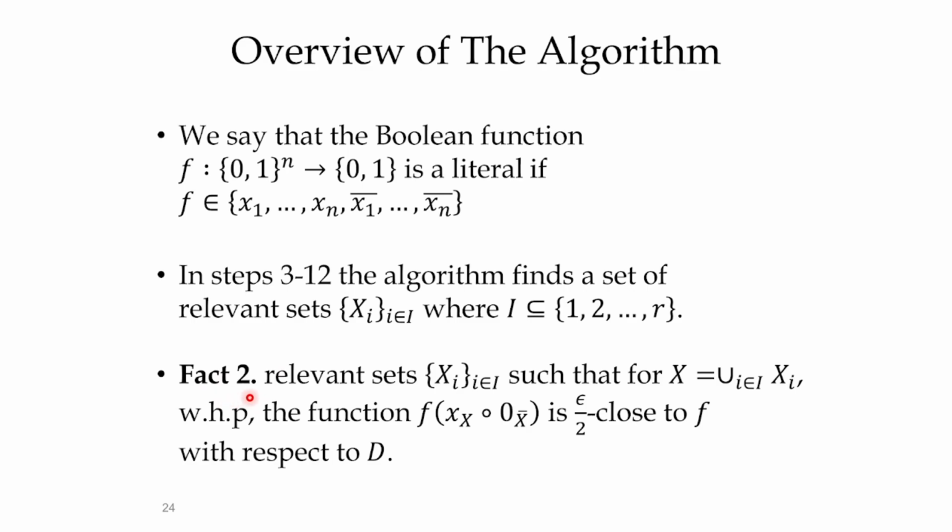And fact number 2: relevant sets, capital Xi, where i belongs to capital I, such that for capital X equals the union where i belongs to capital I of capital X subscript i, with high probability, the function f of x subscript capital X concatenation 0 subscript capital X bar is epsilon divided by 2 close to f with respect to d.